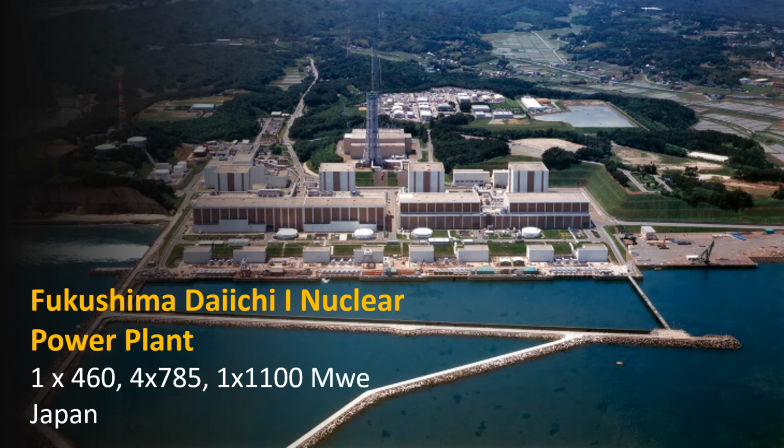It's famous because, of course, this is the nuclear reactor which had an incident just recently because of the earthquake and then the tsunami that happened in Japan. And it has around 4 reactors, which can produce up to 1,100 megawatts electric. We'll be discussing more about the Fukushima incident in the later parts of this course. So it's a boiling water reactor. As you can see, it's also near the sea because it uses light water as coolant and moderator.